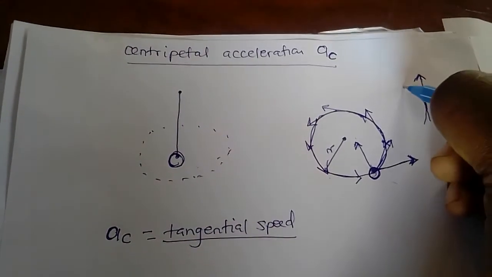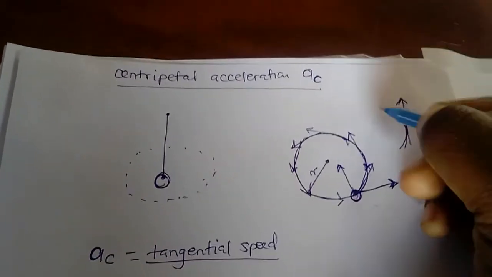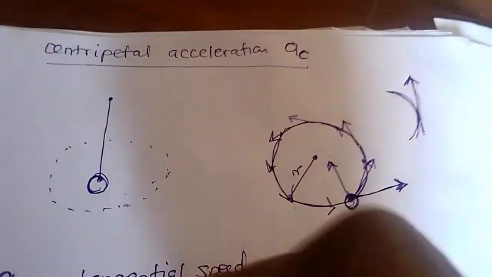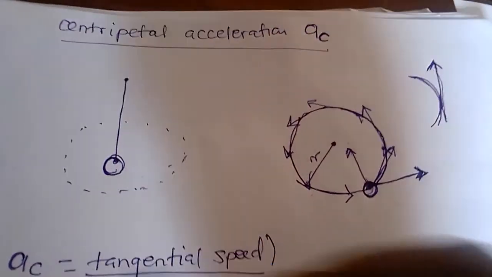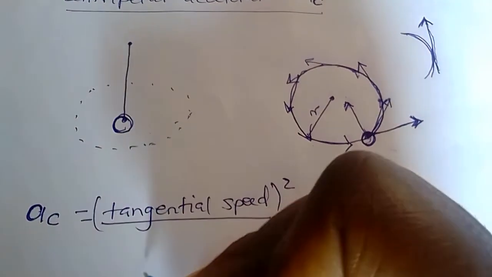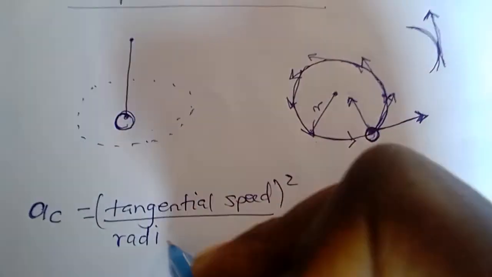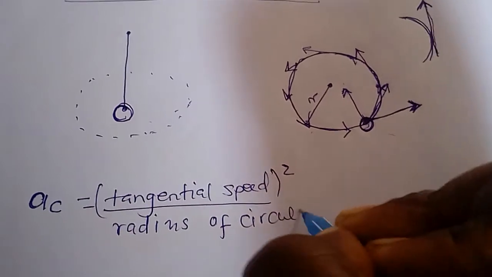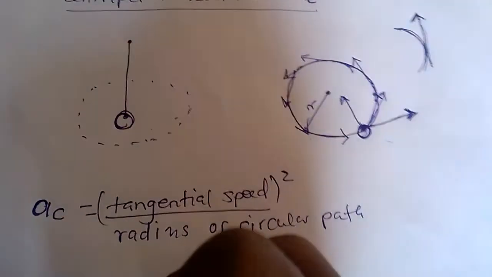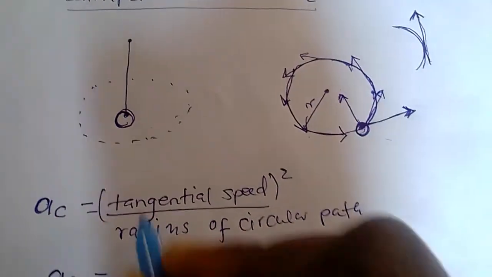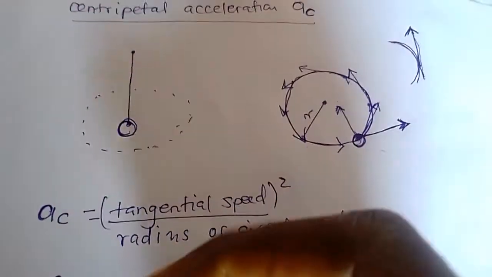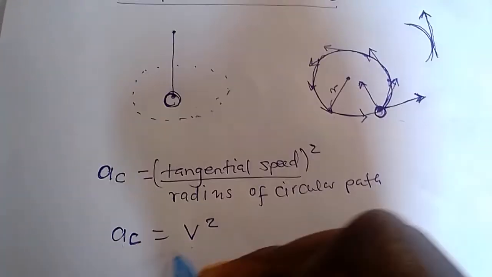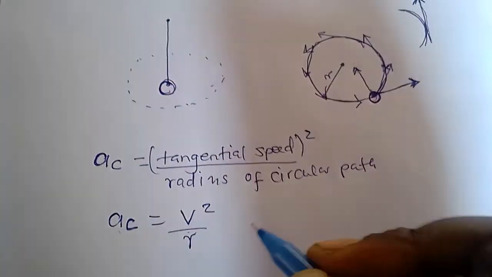There's a speed that it is moving with around this circle, which is related to the angular speed, but the speed along the tangent is the tangential speed, which is also v. So the centripetal acceleration is v squared, the tangential speed squared, divided by r, the radius of the circular path.